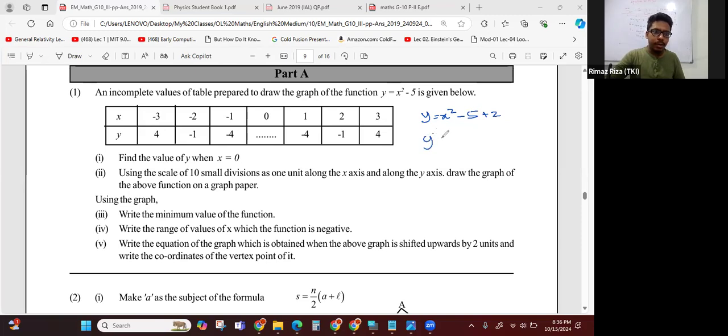Then the graph will be given as x squared minus 5 plus 2, which is x squared minus 3. Now you can see in that graph, the minimum value is minus 5, right?